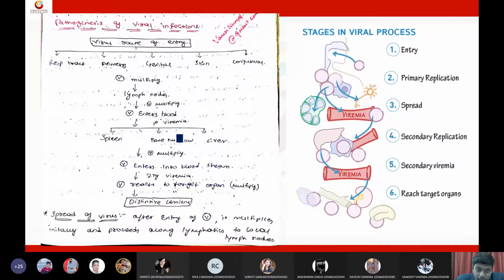Then, due to bone marrow infection, we will undergo an anemic condition, so obviously we will feel weak. Then a spleen infection: the virus can also affect the spleen, resulting in hemolysis, so bilirubin levels will gradually increase in the blood. So this is what happens in the primary viremia.